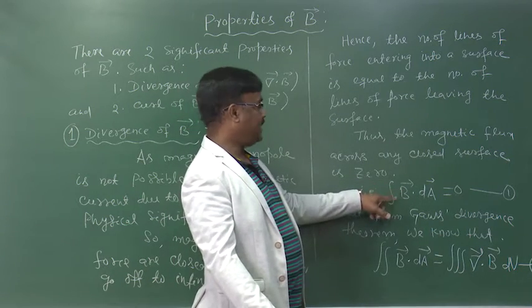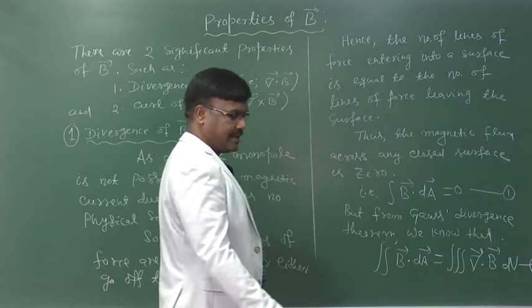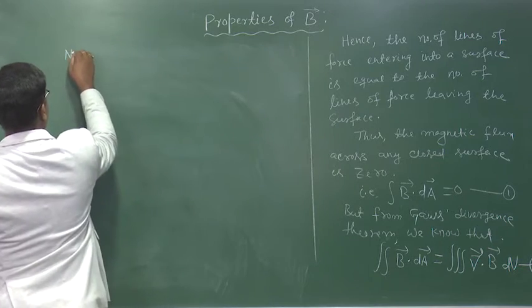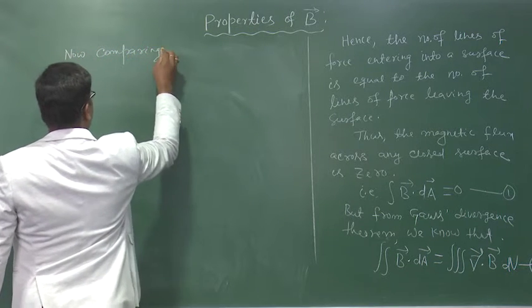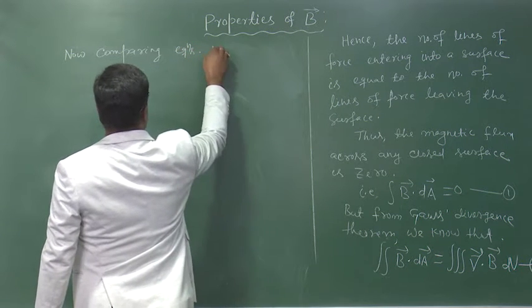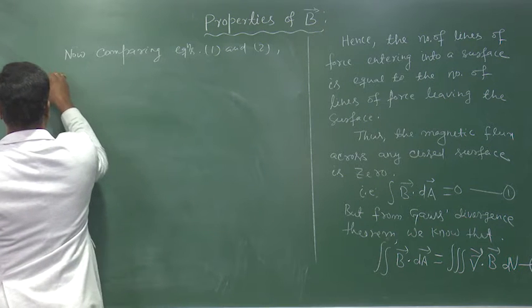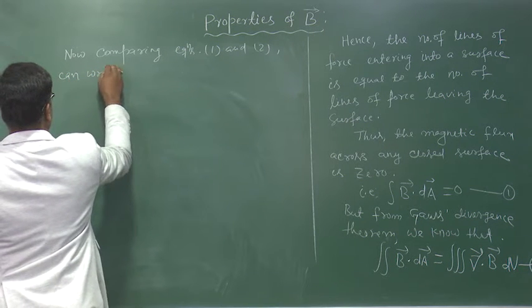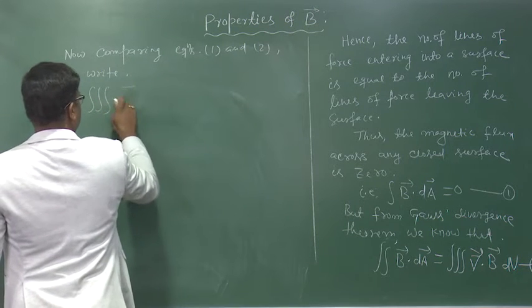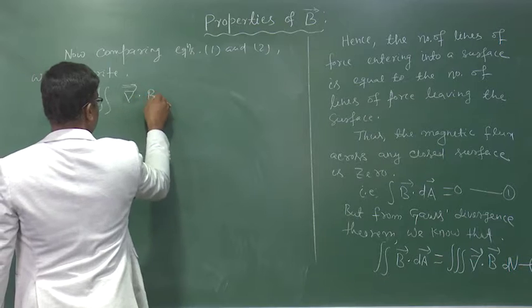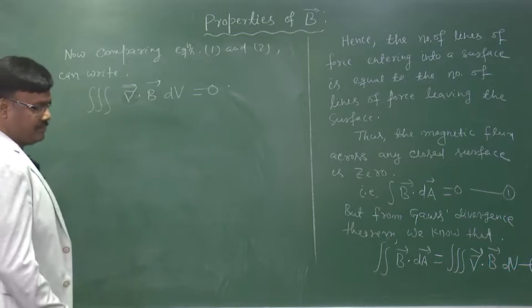Now, comparing equations 1 and 2, we can write the volume integration of the divergence of the vector field B is equal to 0.